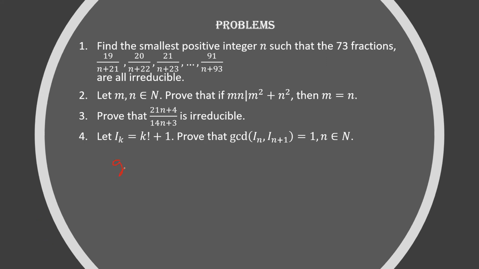Let GCD of m and n be equal to, say, d, and m1 d is equal to m, and n1 d is equal to n, where m1 and n1 are co-prime.